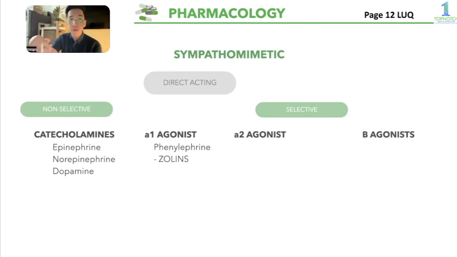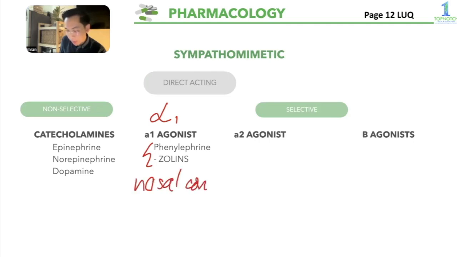Kapag sinabi nating alpha-1, saan mo nga makikita yung alpha-1? Sa mga blood vessels natin. And remember, kapag tayo ay may nasal congestion, vasodilated yung mga blood vessels natin dito sa nasal area, nasal cavity. So nagiging silang makakapal, boggy, so hindi mo ma-drain nang mabuti yung sipon.